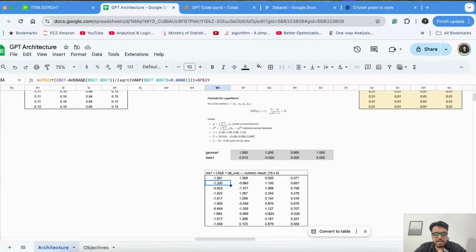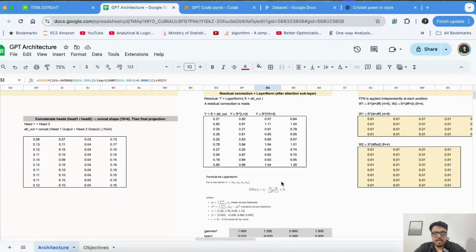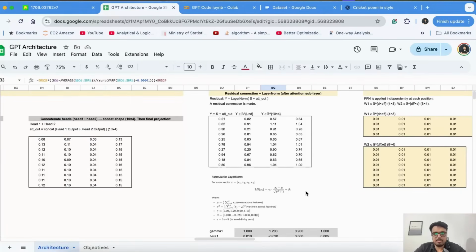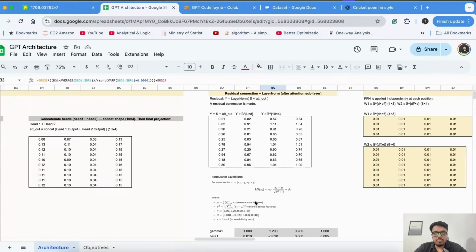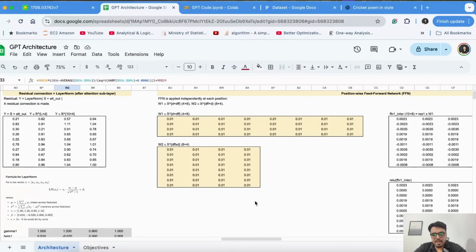So this we do across the entire matrix, and the resultant matrix is a matrix that has been normalized. This entire process concludes my next step, which is the residual addition and normalization. Okay. So once we have done this, now we will move to the next layer.